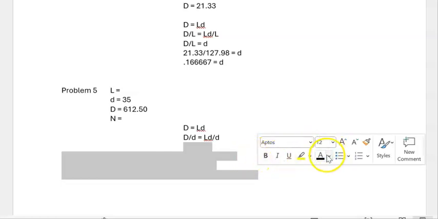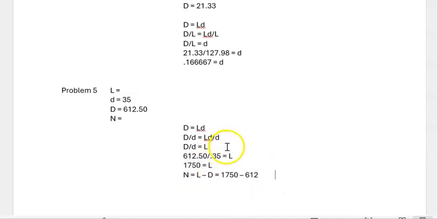That will leave us with L, our list price, equals our discount amount divided by our discount percentage.